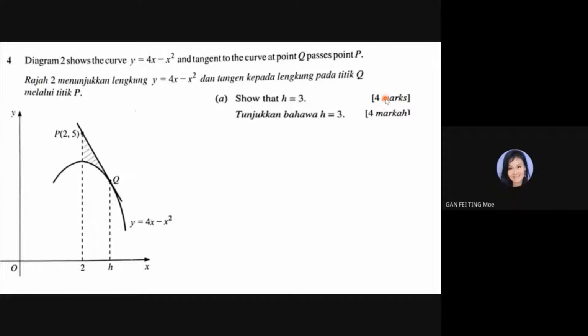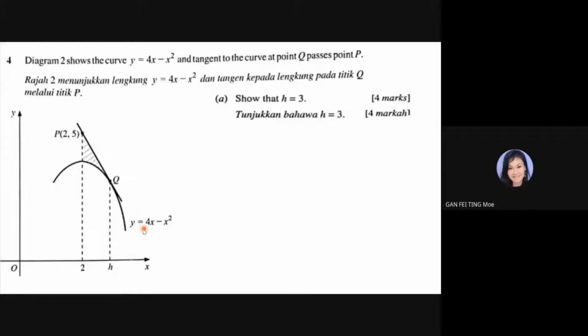4 marks. Oh my goodness, showing for 4 marks means this question needs lots of working, right? Not 2 lines only, it might be minimum 4 lines. Minimum 4 ideas to get the 4 marks because this is in paper 2.